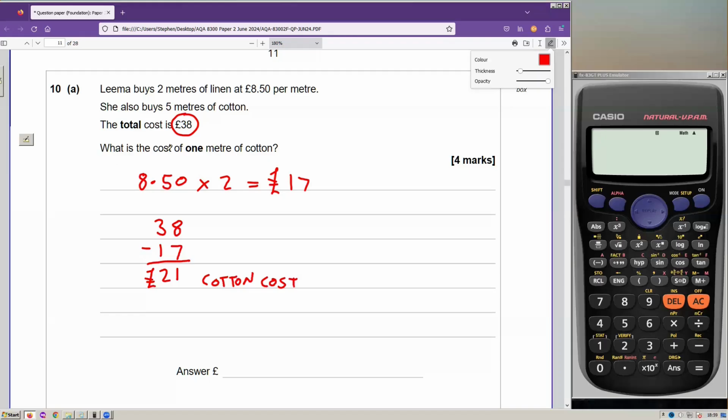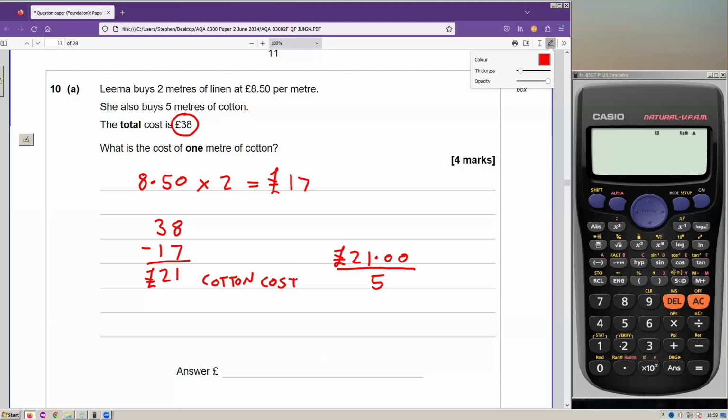The question is, what is the cost of 1 meter? But she bought 5 meters. So this £21 represents 5 meters. So now we go £21. We can put the zeros down if we want and divide by 5. And that will give us the cost of 1 meter. So 1 mark for that, 1 mark for this bit, another mark for this, and then our answer gives us the 4th mark.